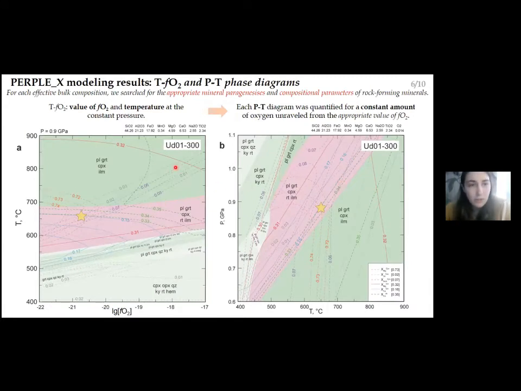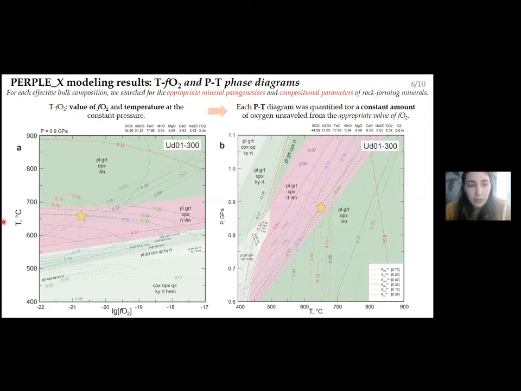As a result of phase equilibrium modeling, we calculated temperature-fugacity and pressure-temperature phase diagrams for all samples. The pink field here represents the field with appropriate paragenesis, and the star represents the observed parameter values that were reconstructed using the intersection of isopleths of chemical composition of each mineral.